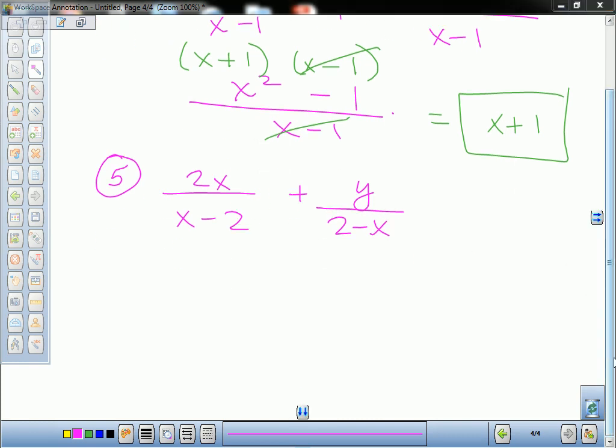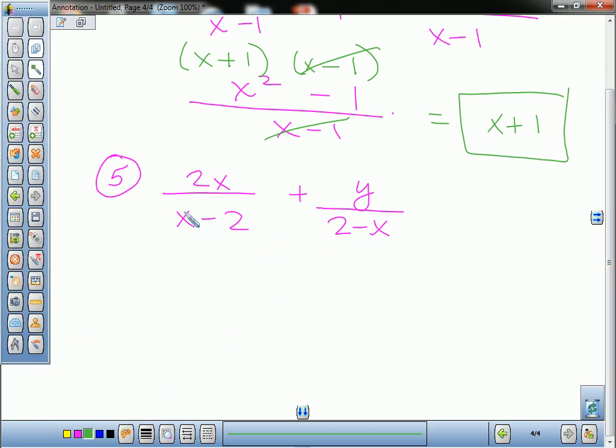All right, example 5. My denominators look very similar, but they're not the same. So I do not have like denominators, but it's really, really close. So there are 2 approaches to this problem. The easiest one may not be intuitive for you, but I like it, and I'm going to show you.